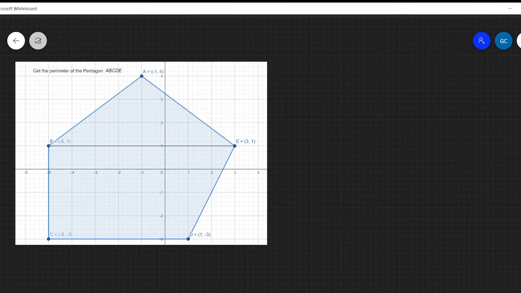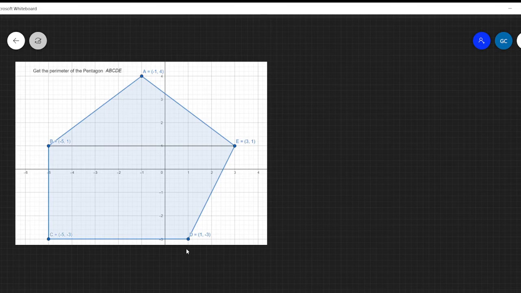Basically, for today, we will be using our different discussions earlier. In that, I have here a polygon which is a pentagon.